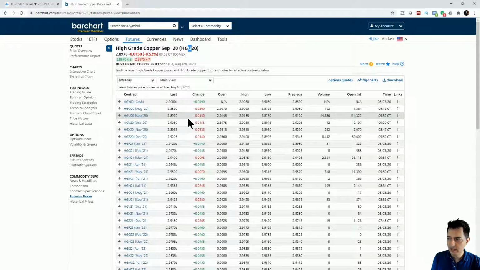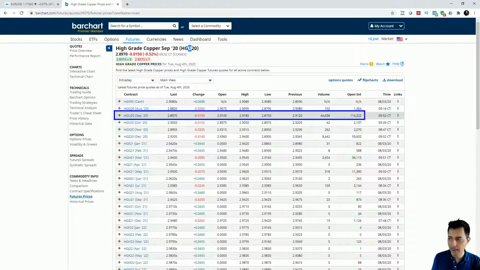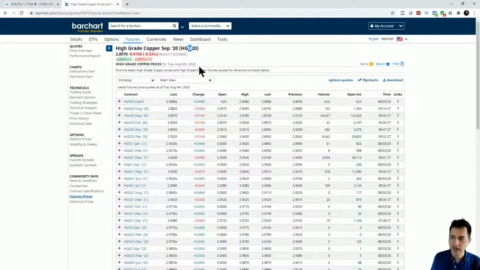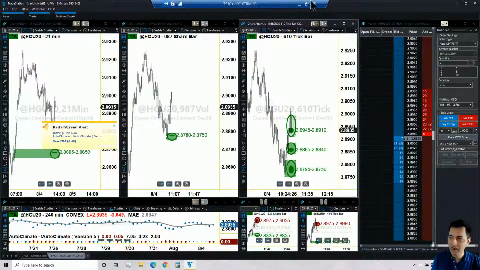The other thing I'm going to be doing is using slightly larger time frames while we keep it intraday. I'm going to be using 4-hour time frames for this market, given that it is a bit less liquid than others. Highest volume and open interest is found with the September contract, which is the letter U, the one that we have highlighted. On the chart, I believe I have the letter U already. Yes, so I have it right.